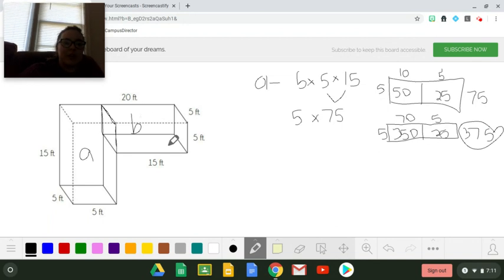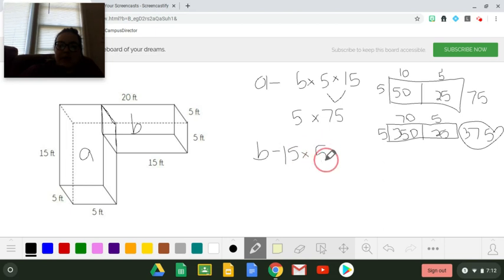So now let's look at part B. It looks like we're going to be dealing with, oh, actually, no, they made your life super easy because they actually labeled the whole thing. Look at that. And even better, it looks like part B also has 15 times 5 times 5.